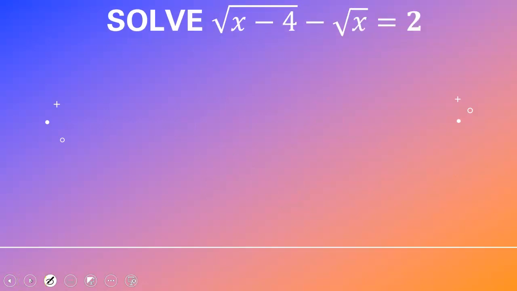These are the trickiest because these involve taking the square twice. So if you have 2 square roots, I always suggest getting one on each side before squaring.